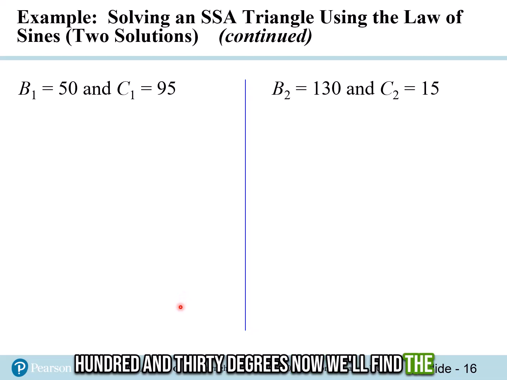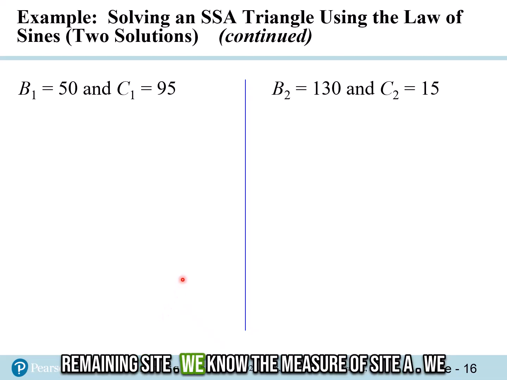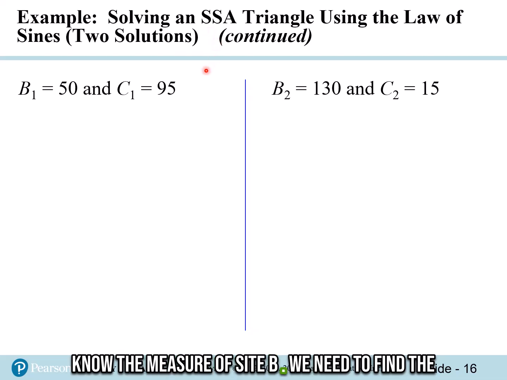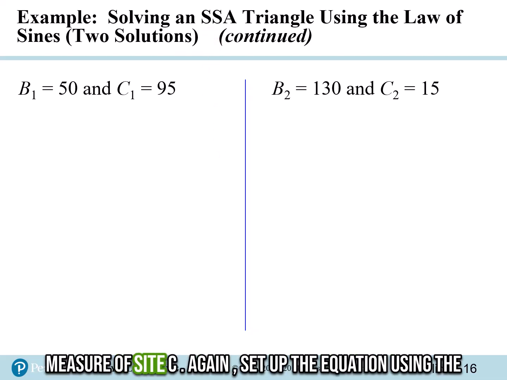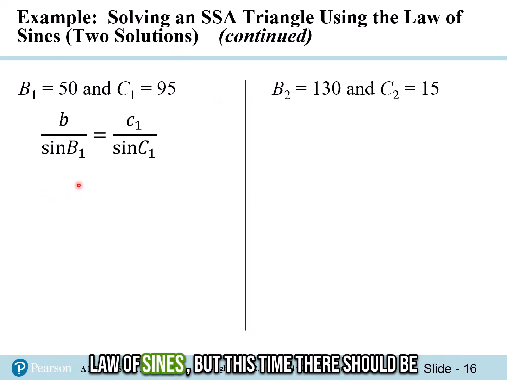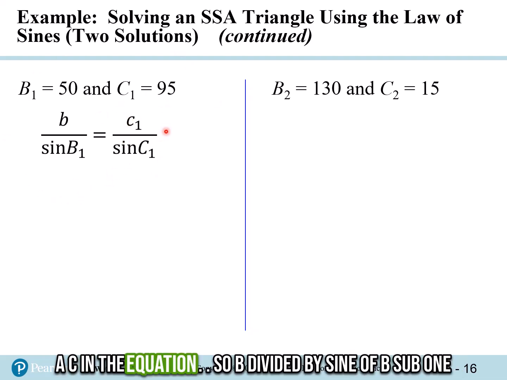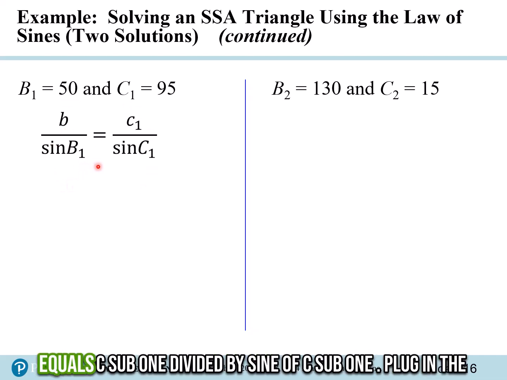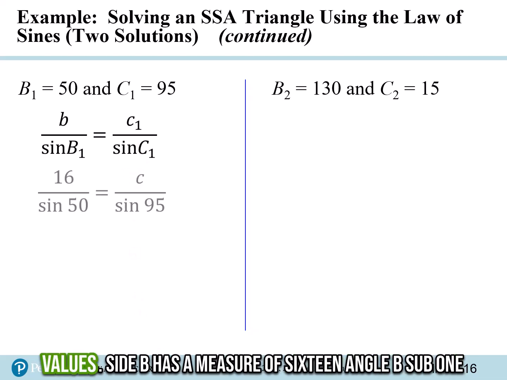Now we'll find the remaining side. We know the measure of side A, we know the measure of side B. We need to find the measure of side C. Again, set up the equation using the law of sines, but this time there should be a C in the equation. So B divided by sine of B sub 1 equals C sub 1 divided by sine of C sub 1. Plug in the values.